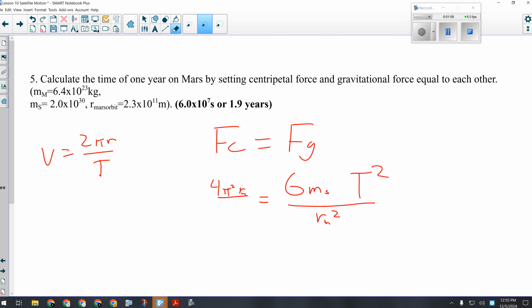R cubed. So that's going to come over here with a cube on that r. Then I'm going to divide both sides by big G times the mass of the Sun. That'll leave me with T squared. I just want T, so I'm going to square root that. There are a lot of exponents in here. That's okay, we just have to make sure we put them in our calculator.